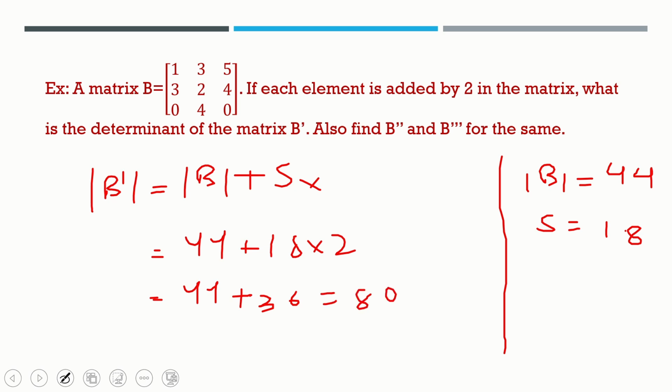It will come to 80. So by using this formula also I have calculated 80.